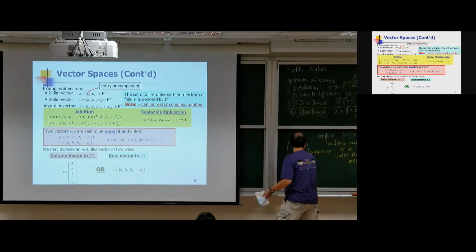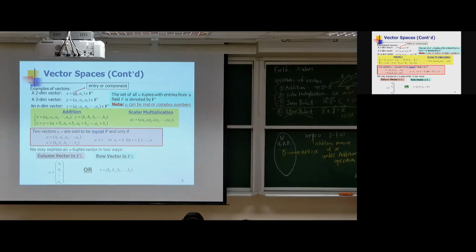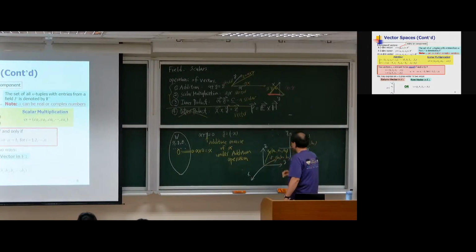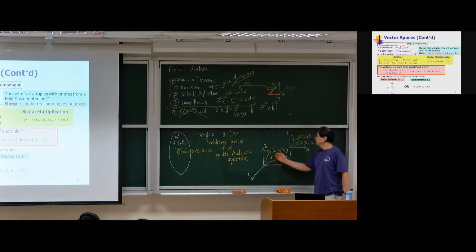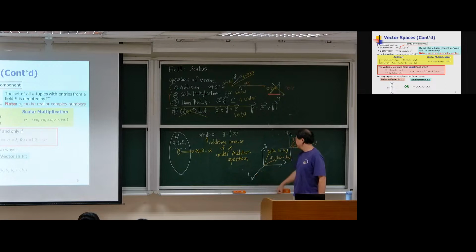We can see this easily because for the u vector here, I have a1, a2, a3, and for the v vector, I have b1, b2, b3. a1 represents the projection of the vector on the x-axis, a2 the projection on y, and a3 the projection on z.